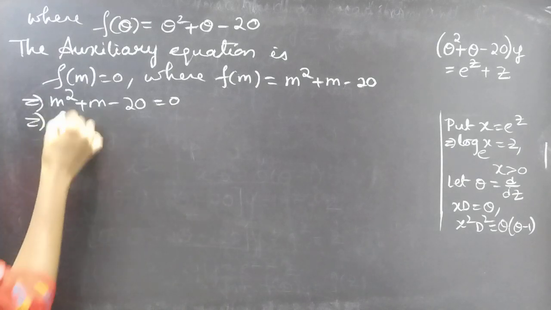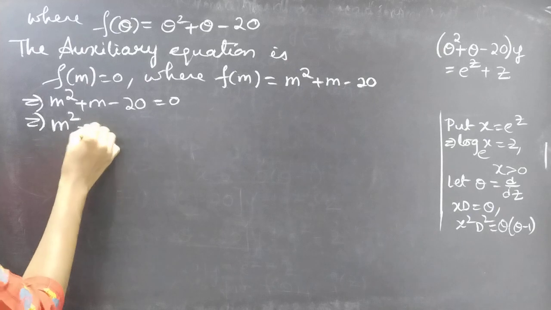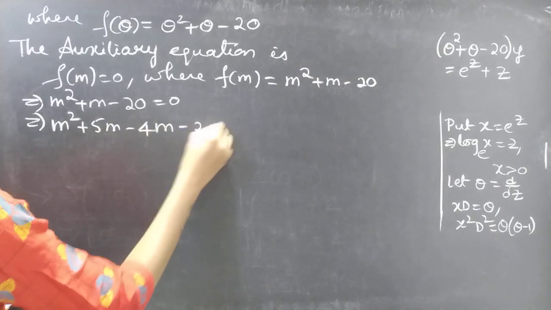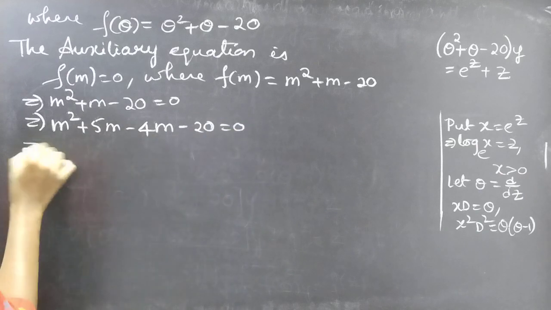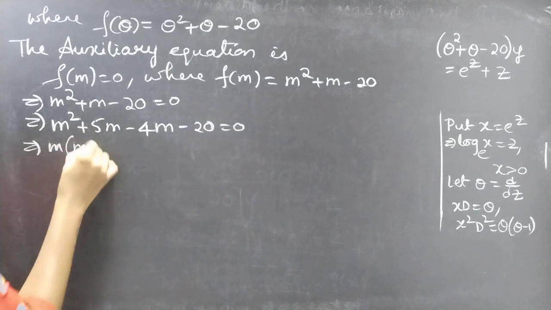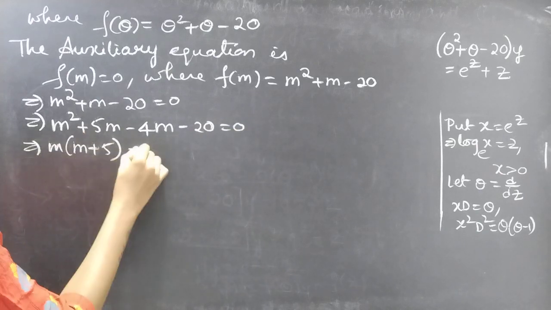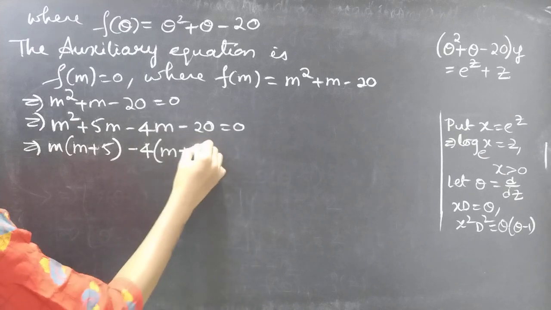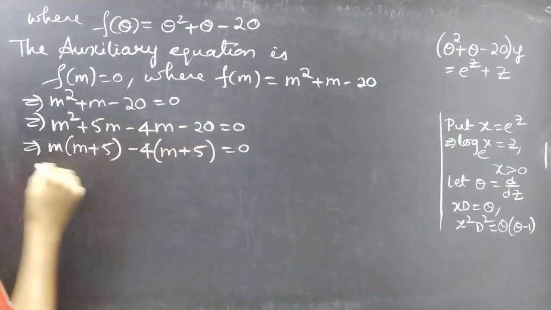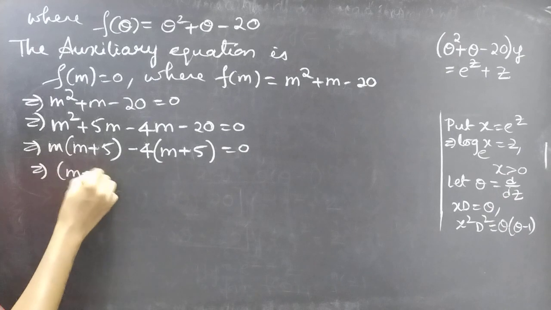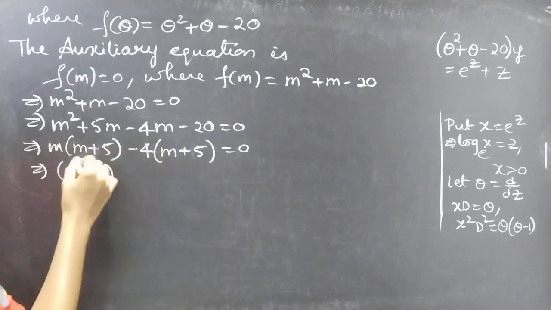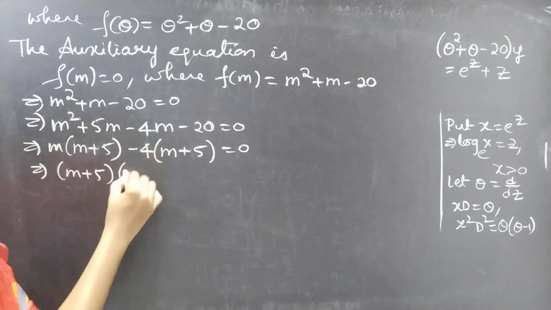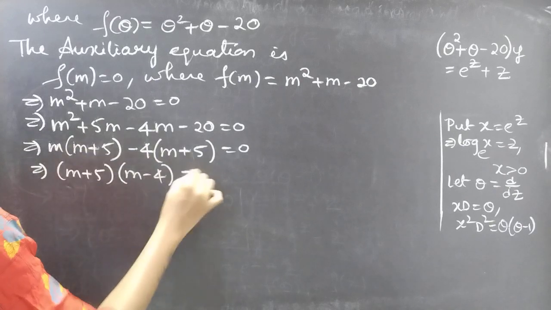Then m square plus m we can write as plus 5m minus 4m minus 20 equals 0. Now take m common from the first two terms, we get m times (m plus 5). Now take minus 4 common from the next two terms, we get minus 4 times (m plus 5). Right? Then m plus 5 exists in both the terms, so let's take m plus 5 common, we get (m plus 5) into (m minus 4) equal to 0.